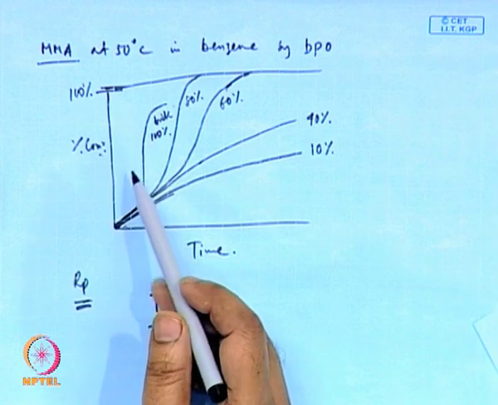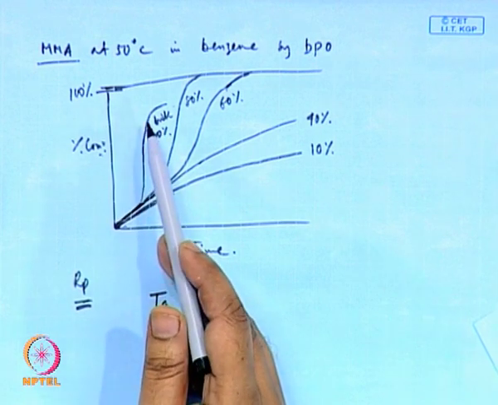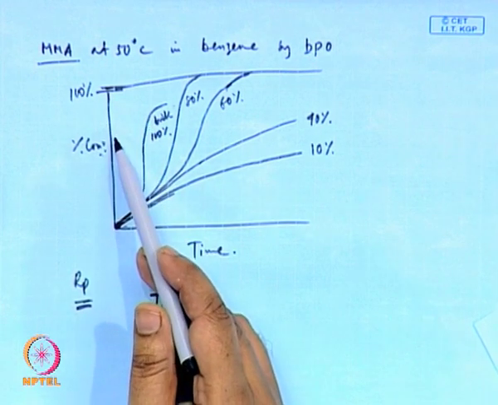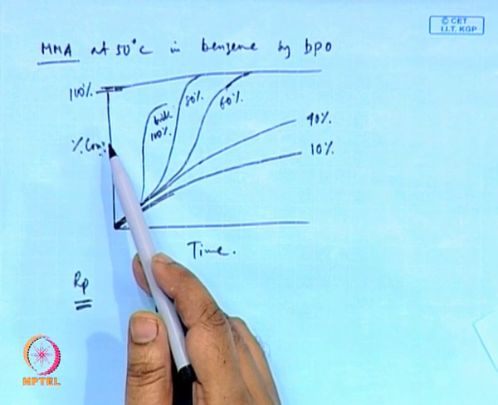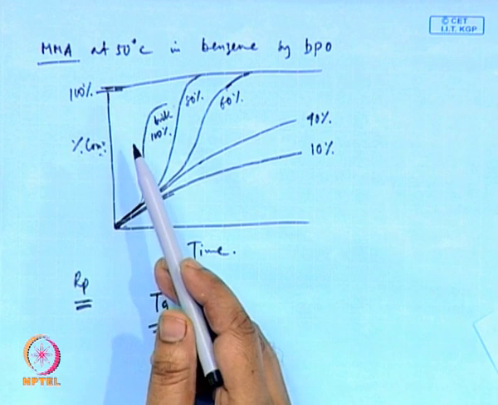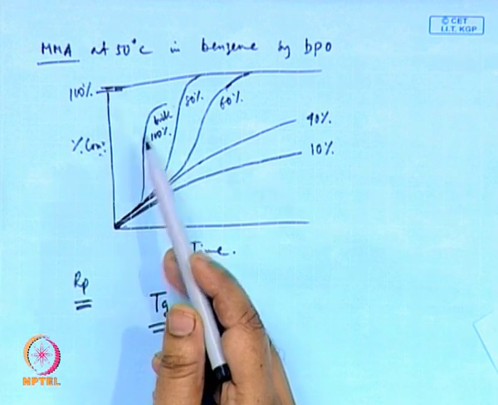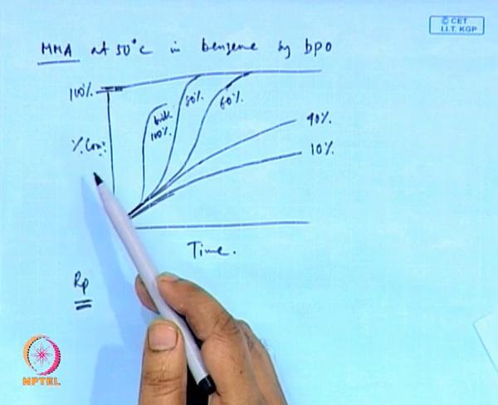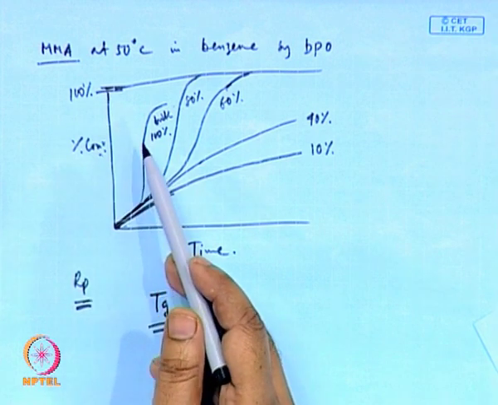So, if you increase the conversion, that means more and more polymer forming, less and less monomer present in the medium, that means the Tg of the polymer present is becoming higher and higher, because you are reducing the amount of monomer present in the medium.